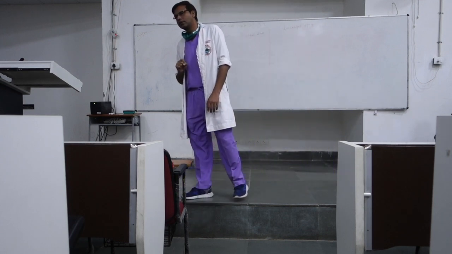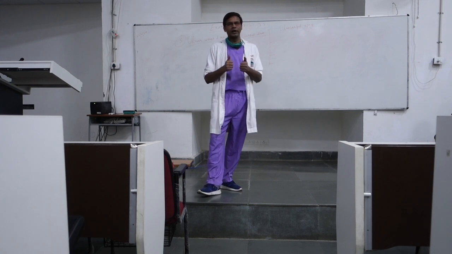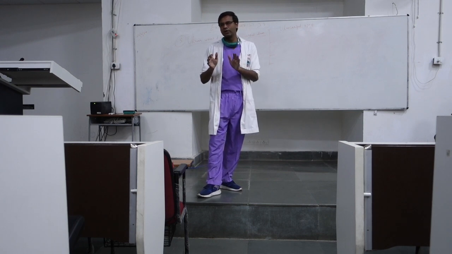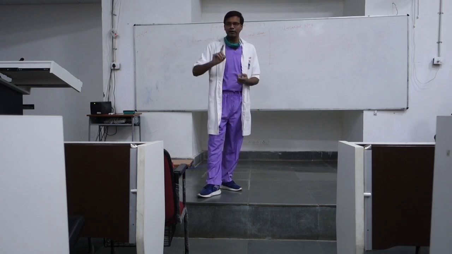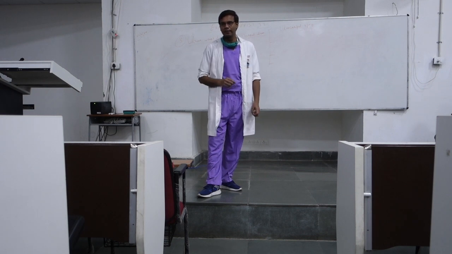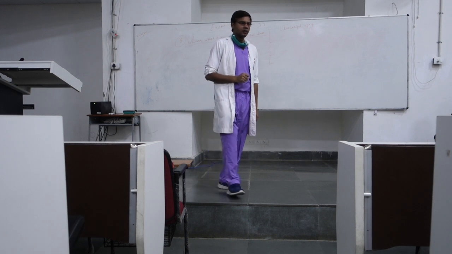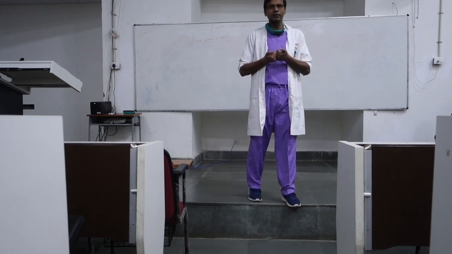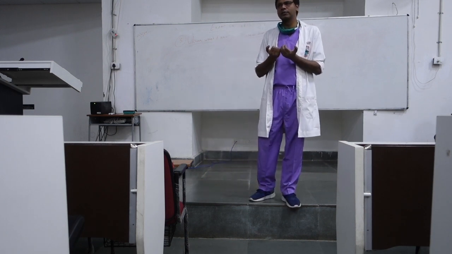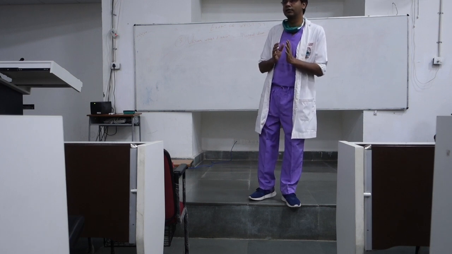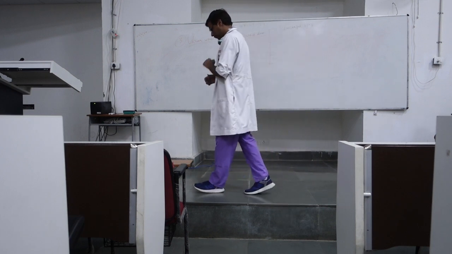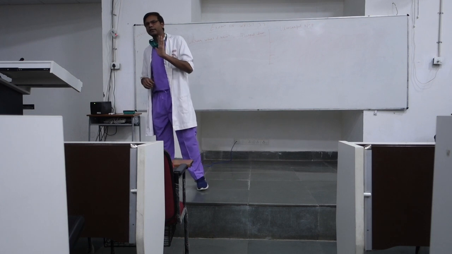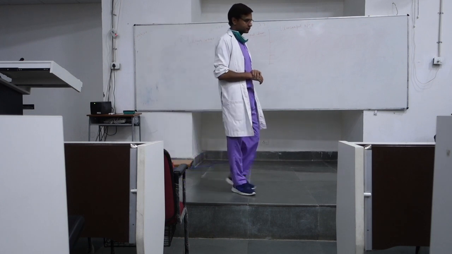Okay. So clinically, what is the normal relationship between the ulnar and the radial styloid? Which one is distal? Radial. So if you find that both are at the same level, or the relationship is not as it should be, that means clinically there is positive ulnar variance.